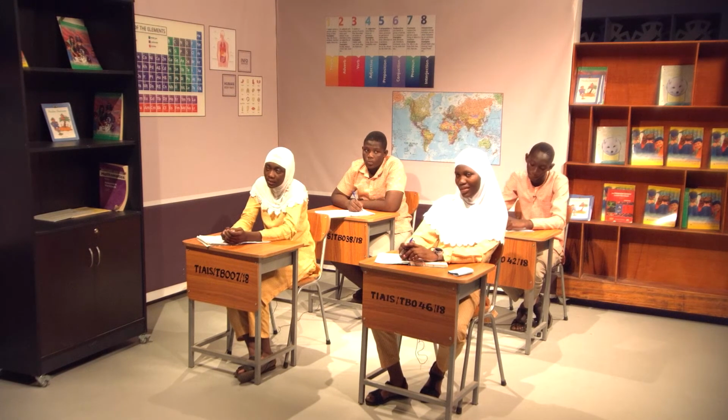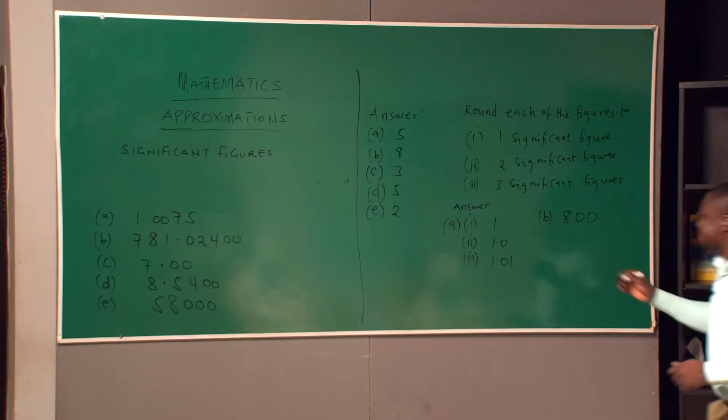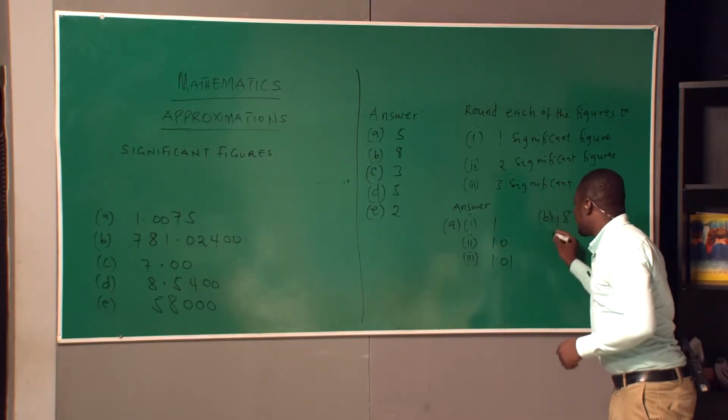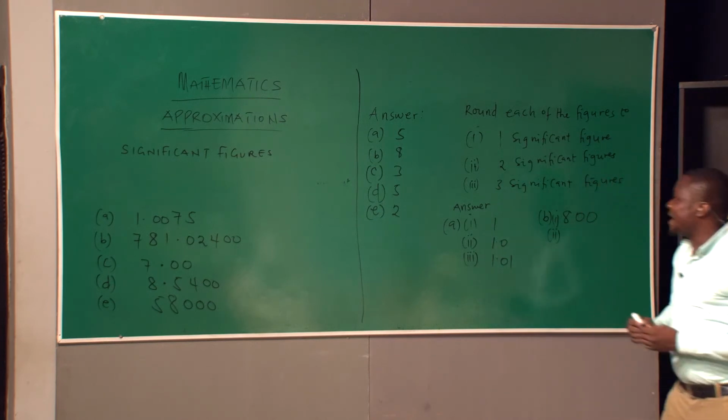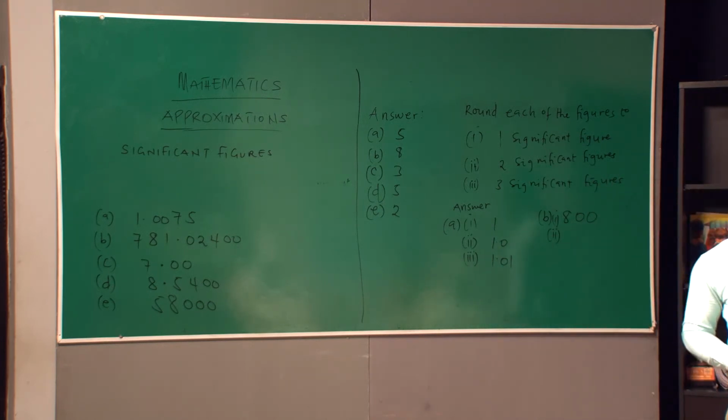Samira, are you okay? All right, so if you are okay, let's do the II together. This was for one significant figure. The II will be for two significant figures. Yakubu, look at it very well. Two significant figures. What do you do?